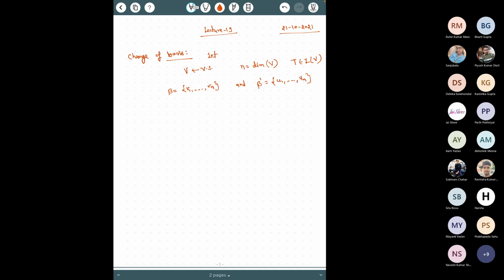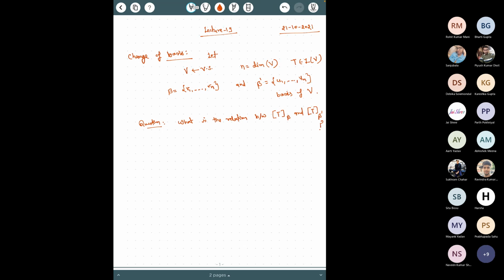These are two bases of V. So the question here is, what is the relation between the matrix of T with respect to B and the matrix of T with respect to B dash? This is the question. So this we'll answer first.